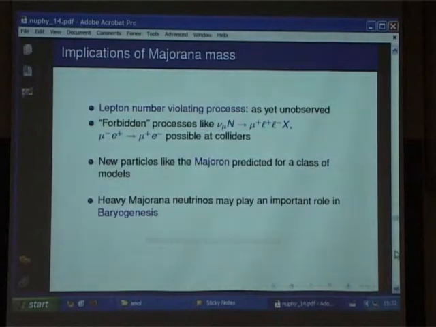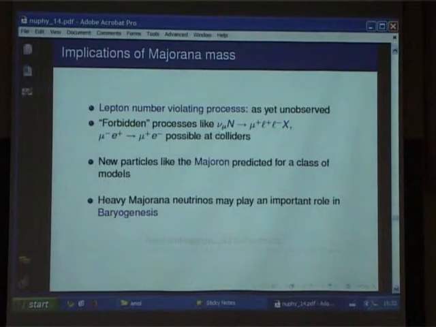Then you can have many reactions which violate lepton number. So for example, you can have processes that look like this: mu acting on a nucleon gives mu plus L minus X. X is any particle. So what has happened now?